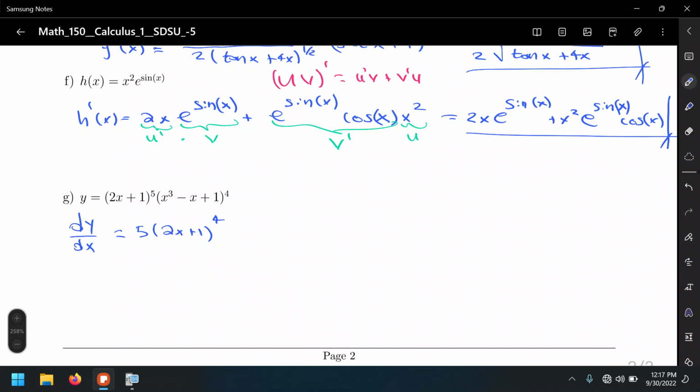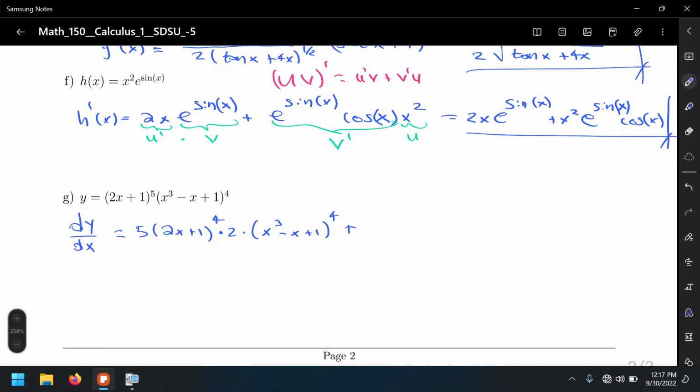But by the chain rule we're not done, because we still need to multiply by the derivative of what we have inside the parentheses. What's the derivative of that? 2. Okay, multiply by 2. But that's only the u prime part of the product rule. We need to multiply by v, x cubed minus x plus 1 to the 4th power, plus, let's do the second part of the product rule.